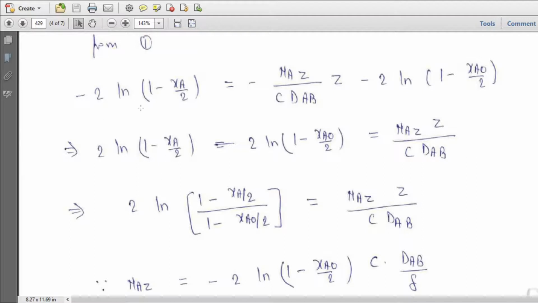Now from equation 1 we can write minus 2 ln(1 minus XA/2) equals minus NAZ Z/(C DAB) minus 2 ln(1 minus XA0/2).